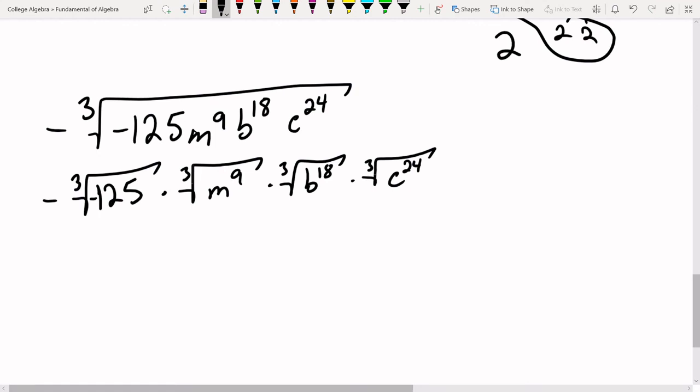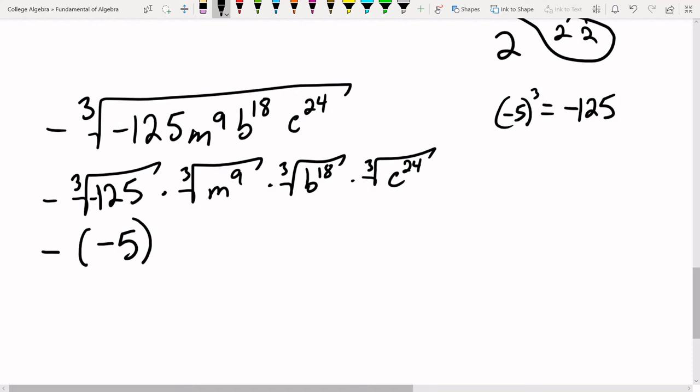The cube root of negative 125. This actually is a perfect cube. If you're not sure, you can test it with your calculator. But negative 5 times negative 5 times negative 5 is negative 125. Just do negative 5 cubed, and you'll see we get negative 125.